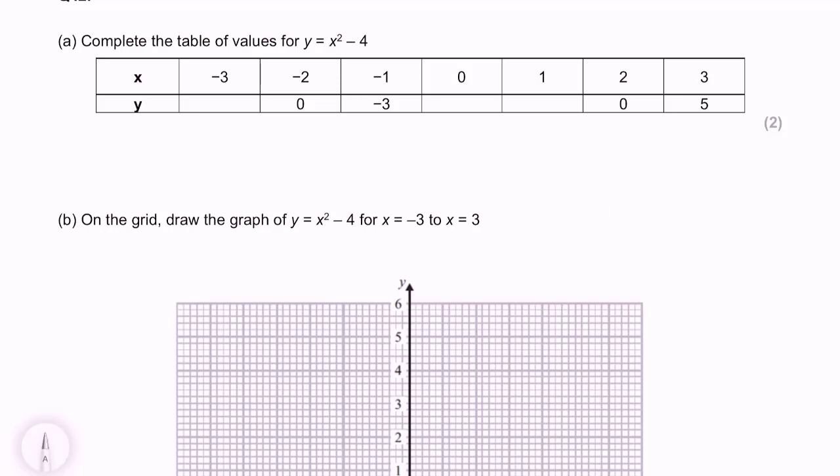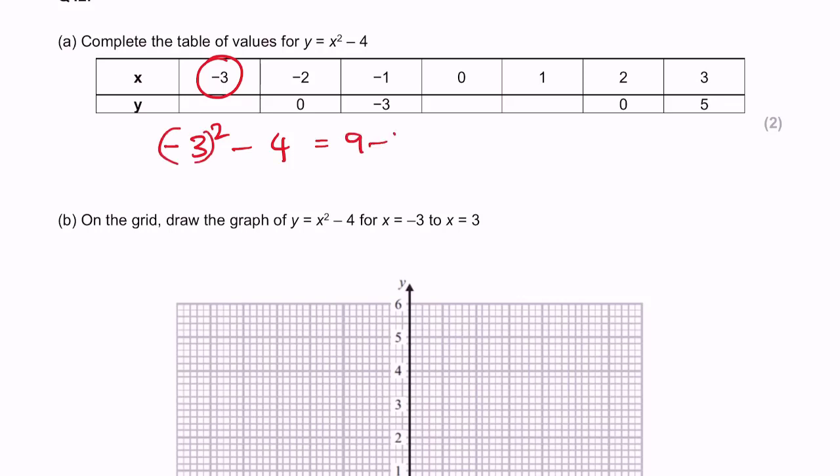All you have to do is substitute the values in the place of x. First of all we got minus 3, so minus 3 squared minus 4, and minus 3 squared we know is going to be a positive 9. Put a bracket on if you want.